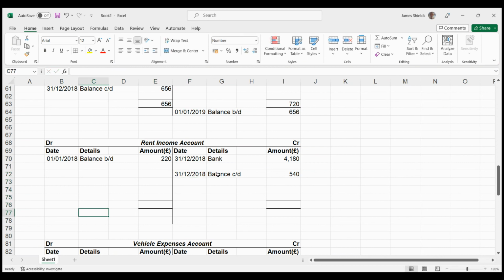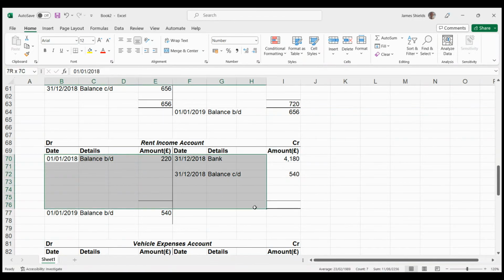So let's put that brought down one now whilst we're doing this bit. So the 1st of January 19, we've got balance brought down of £540.